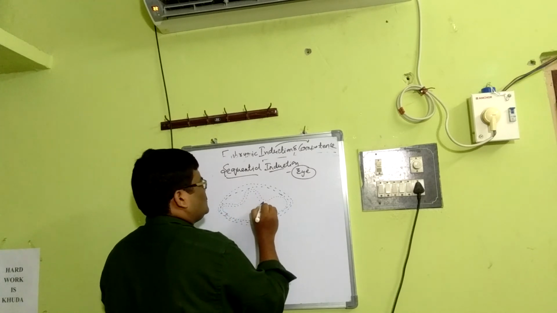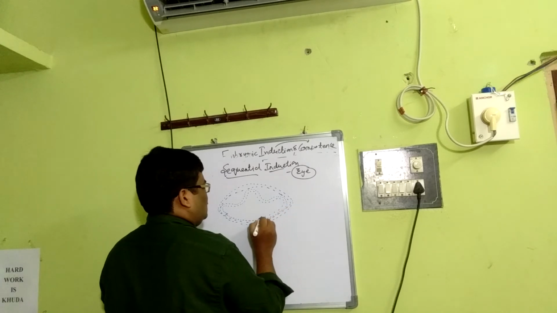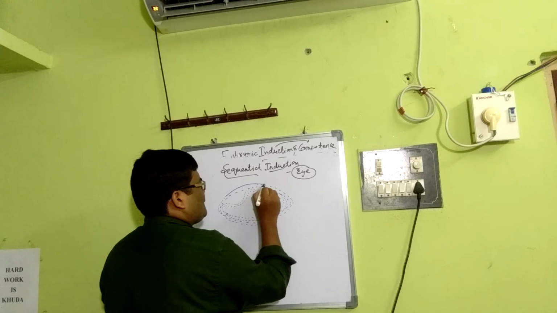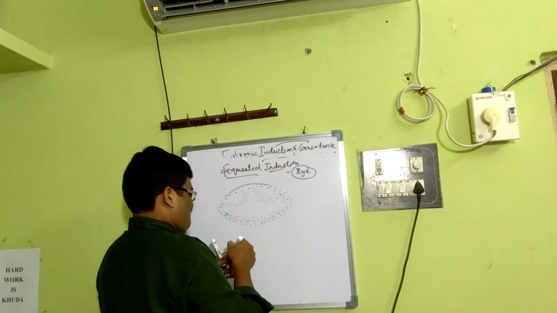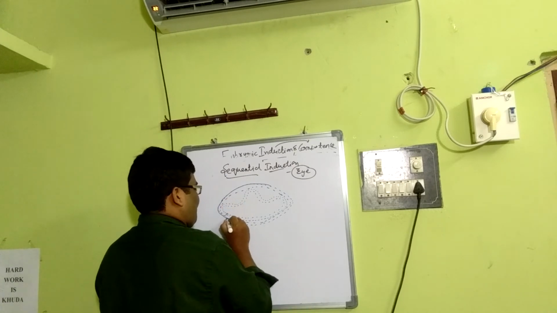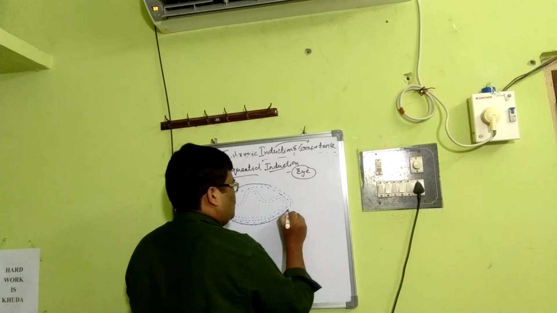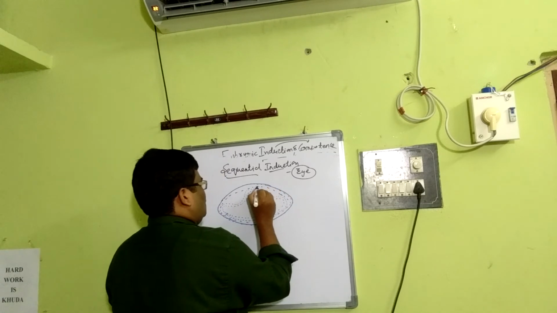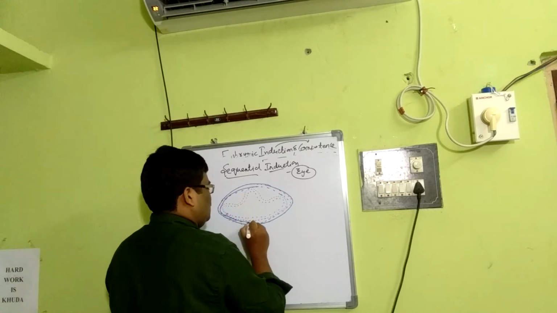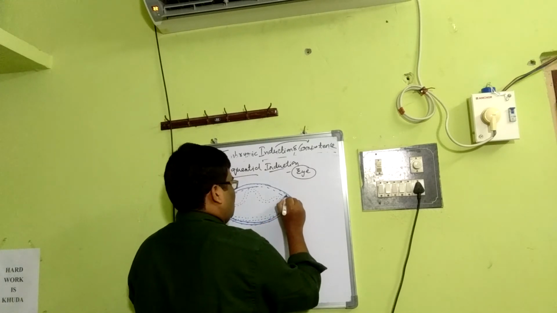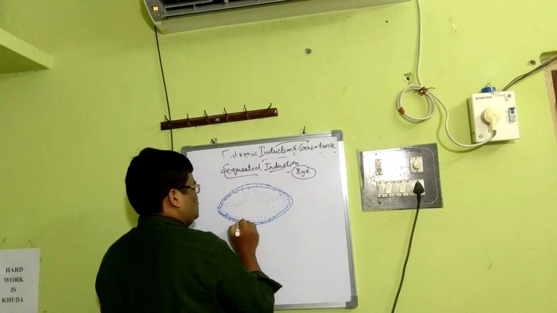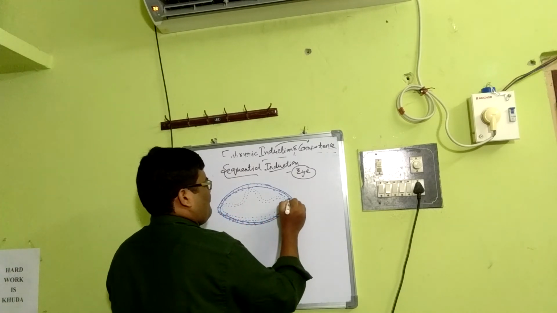And later onwards, they induce other neighboring cells. How, I will tell you. This is what we call one particular layer of embryonic development, until how it forms. Something like this.